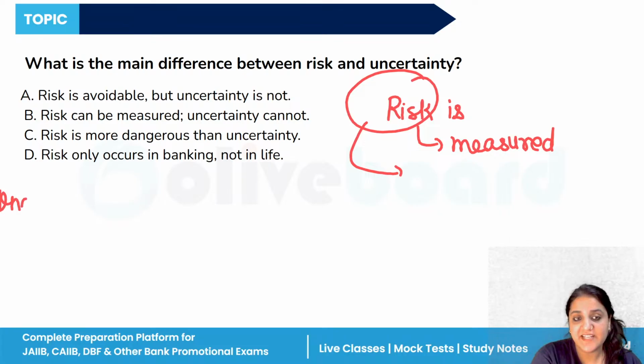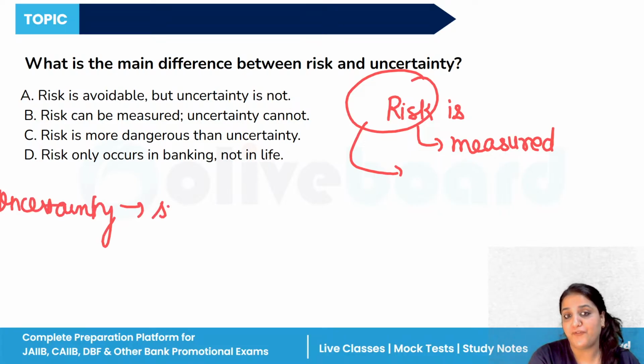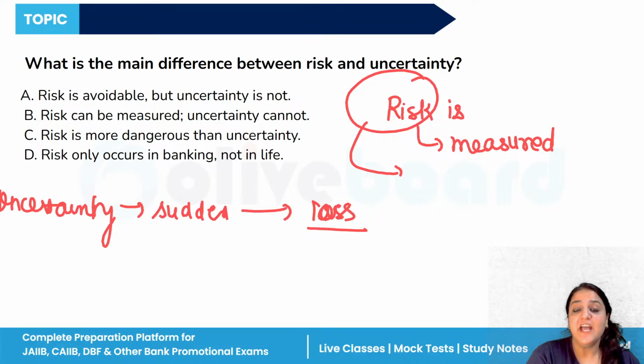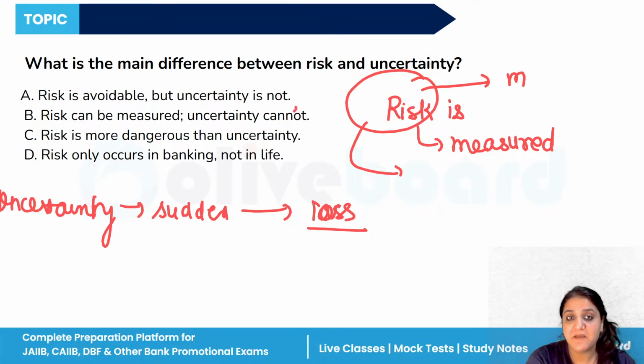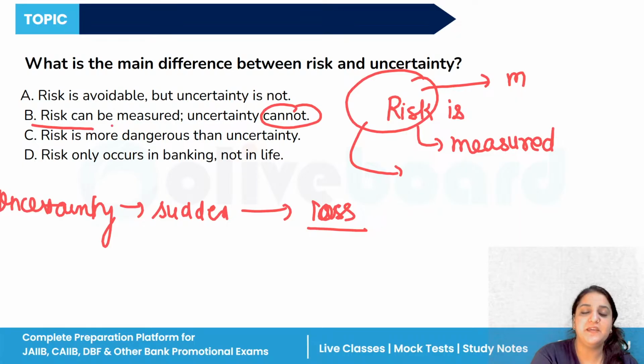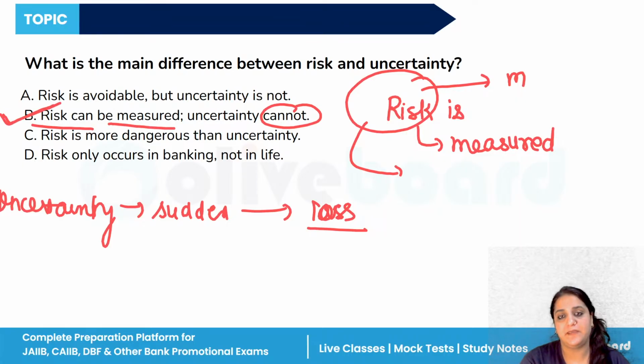But uncertainty is completely sudden type of things that cause loss. So here we can say that risk is measured, because uncertainty is wide if we compare with risk, right? So uncertainty we can't measure, but risk can be measured. So the correct answer is option B.